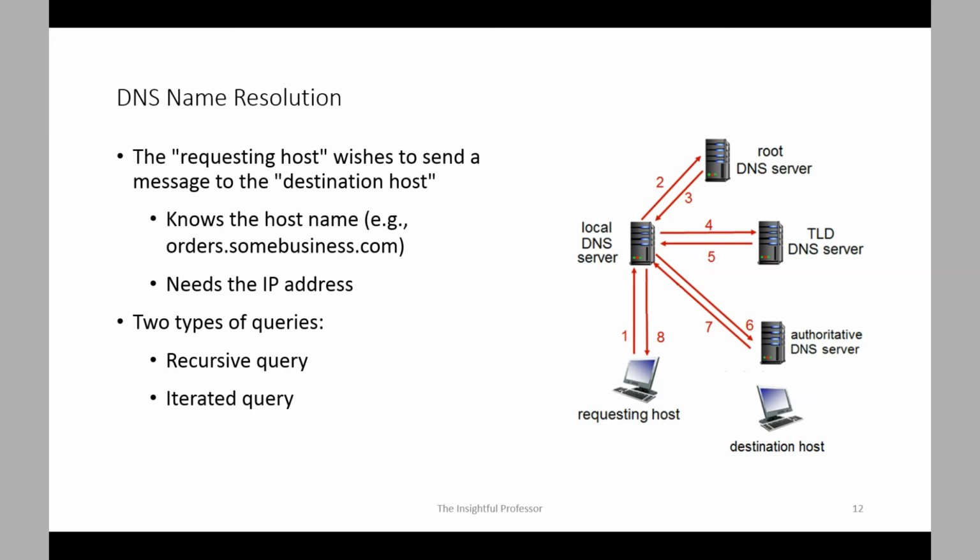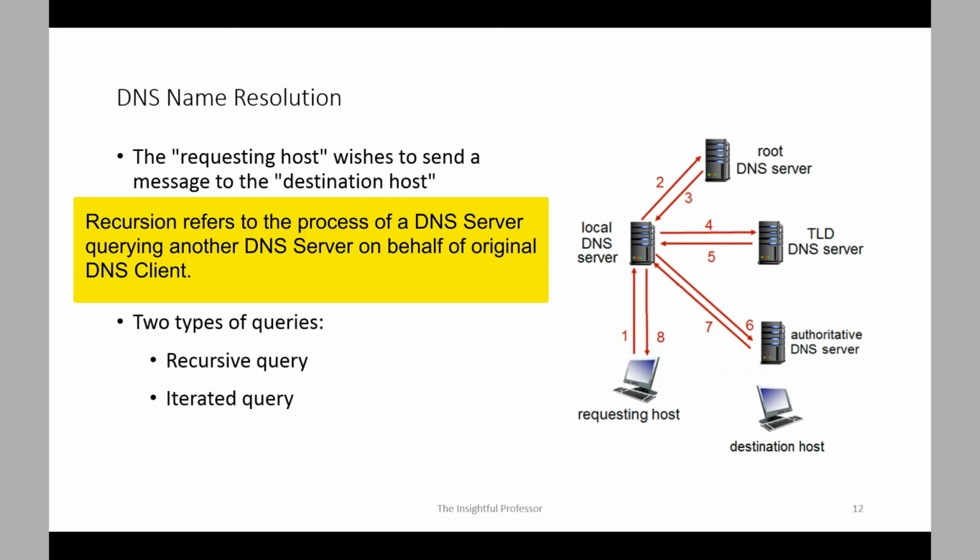In the DNS name resolution process, two types of queries are involved, something called a recursive query and something referred to as an iterated query. In the context of a DNS query, recursion refers to the process of a DNS server querying other DNS servers on behalf of an original DNS client request.